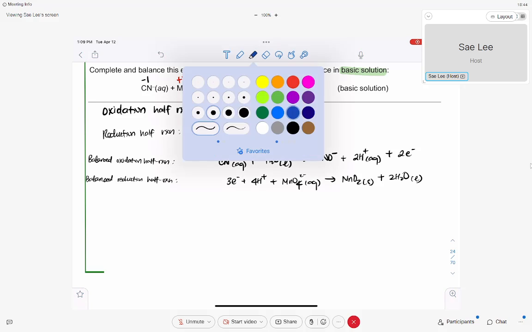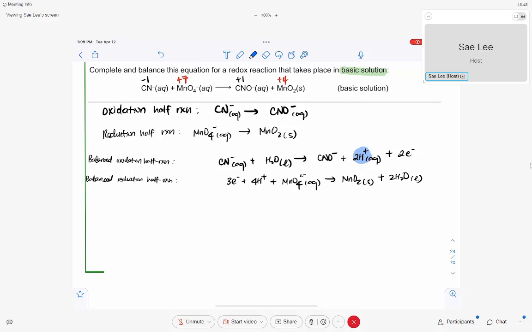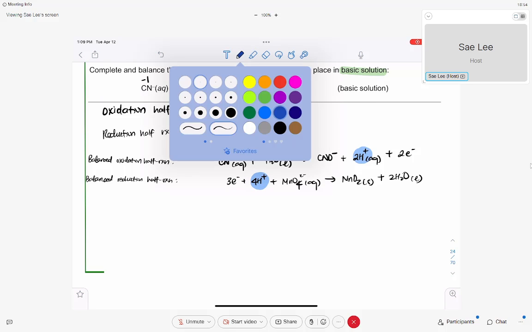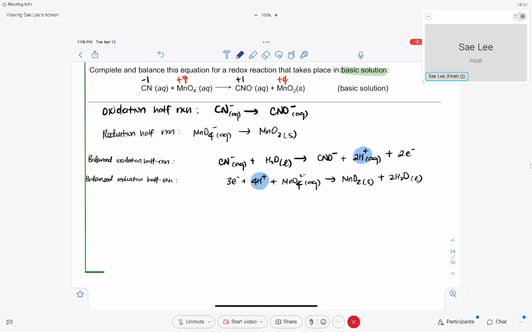As you can see, you have 2 protons here and 4 protons here. You're going to add hydroxide to balance out these protons. Because you have 2 protons, you're going to add 2 hydroxide, and you are going to add 2 hydroxide on this side as well.